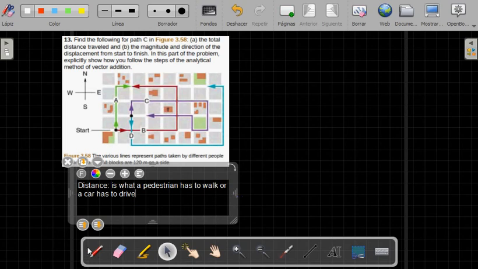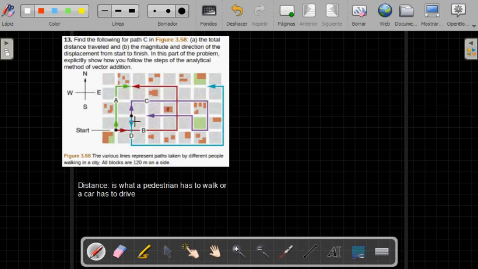Then, we need to count the number of blocks. This time it's going to be 1, 2, 3, 4, 5, 6, 7, 8, 9, 10, 11, 12, and 13. That is 13. And remember that every block is 120 meters on a side. So we're going to multiply 13 by 120.